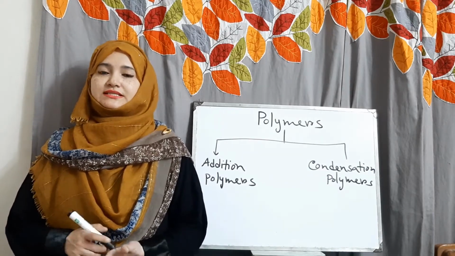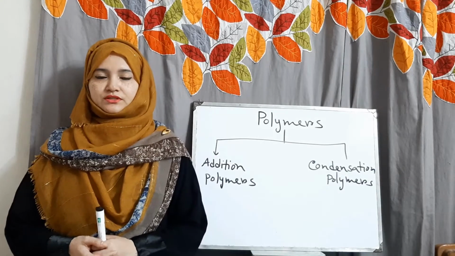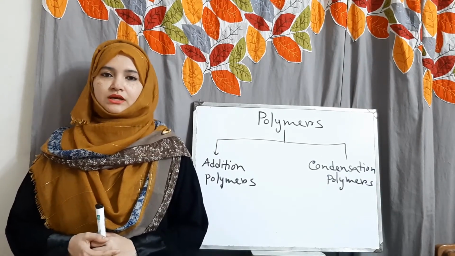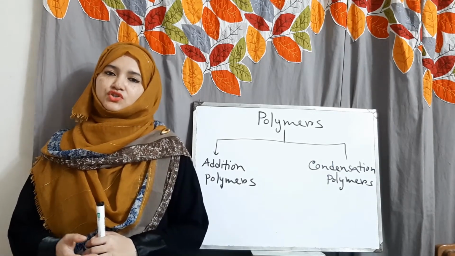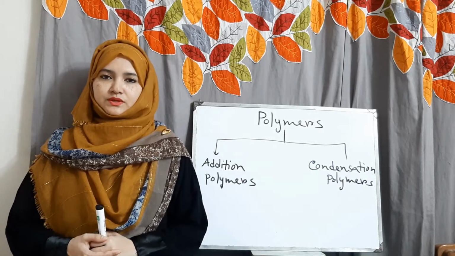Today I will discuss a very important part of chapter 11, which is polymers and polymerization. Polymer chemistry is a very important branch of chemistry, actually organic applied chemistry.